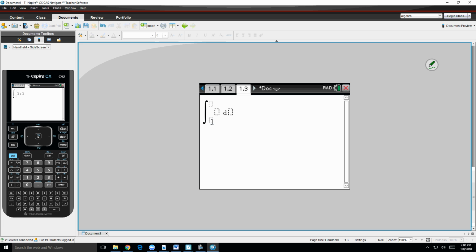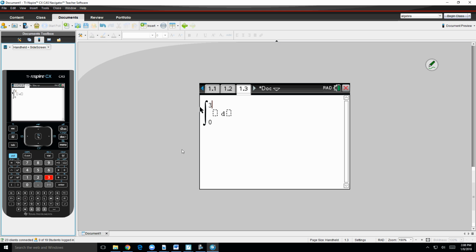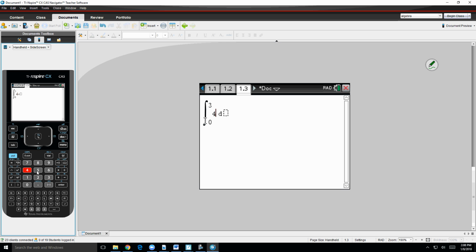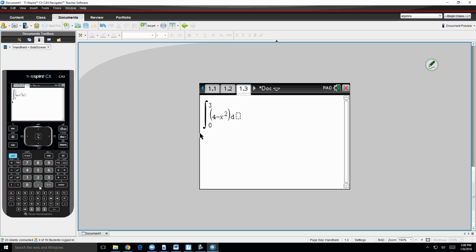We are going from 0 to 3 of the function 4 minus x squared, and then dx.